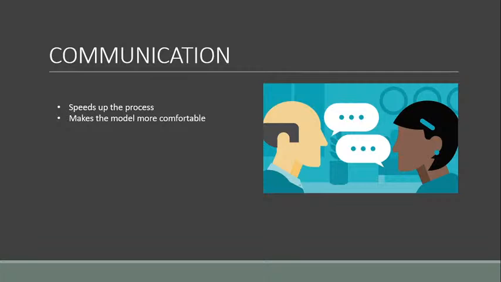So try having a conversation with your model continuously while having your pictures taken, because if you are numb, then she won't understand what you actually need, or which aspects of the pictures are coming out right or which are not.